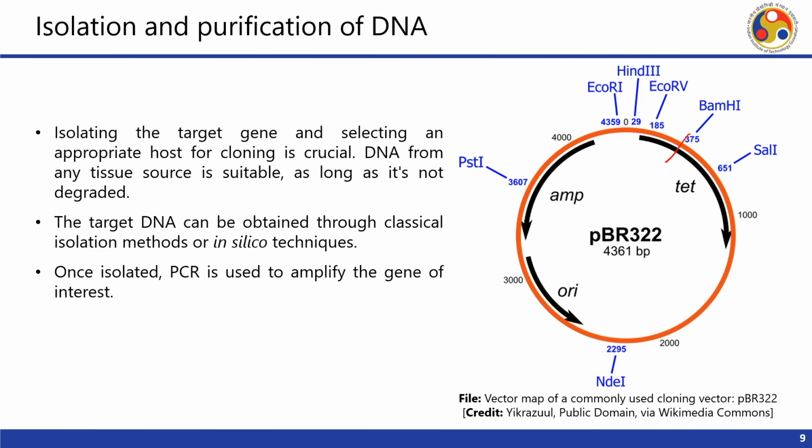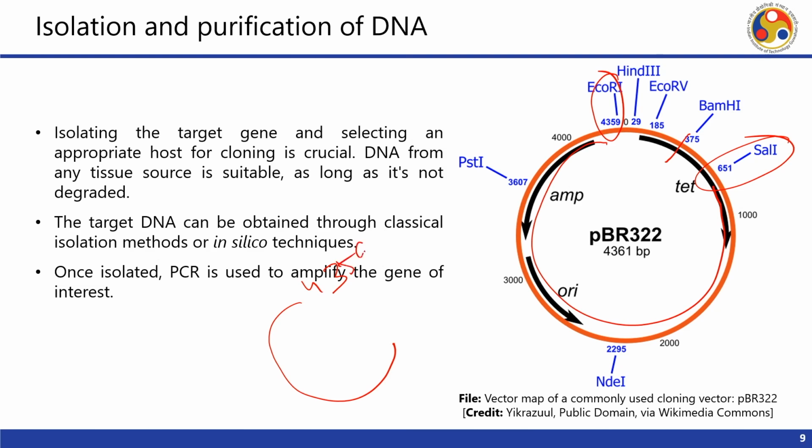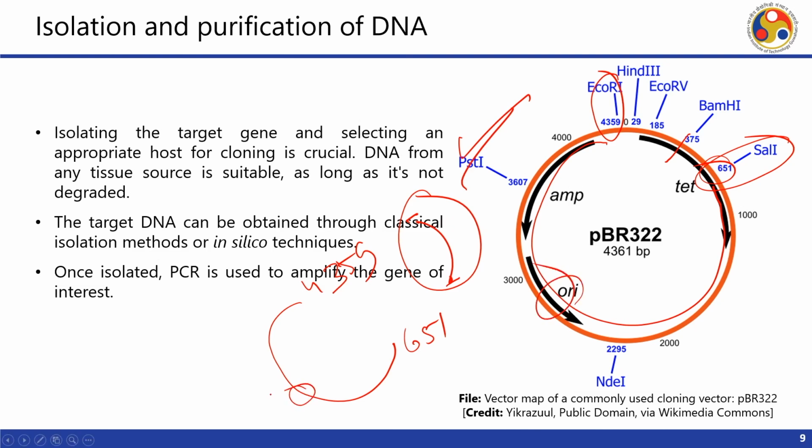For example, if we use EcoRI and SalI, we will have a vector ranging from 4359 and 651. Then we will have another fragment here, this smaller fragment. This fragment will be lost because it does not have the origin, but this fragment will be useful for us.